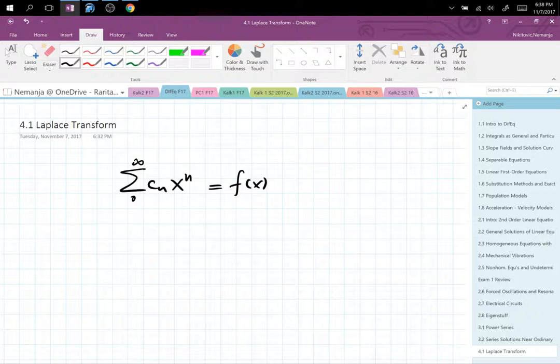Now, what I have here is actually a discrete function whose domain is 0, 1, 2, 3, 4, positive counting numbers. And on the other side, I have a continuous function which contains 0.5 and 1.3 and pi and everything else, right?